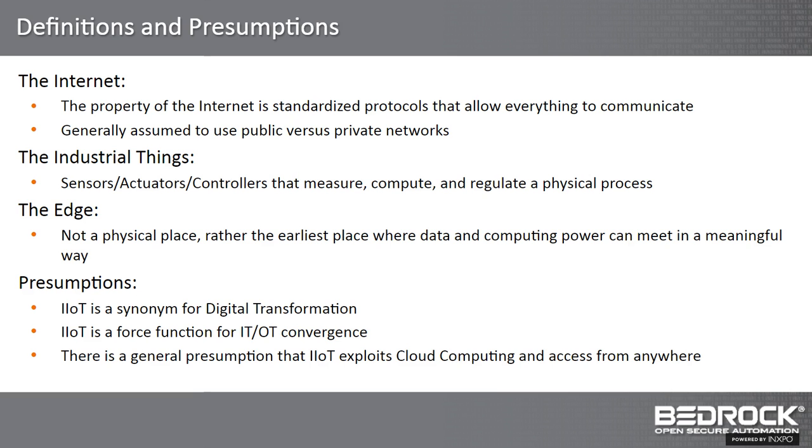And there's a general presumption, and real truth to it, that cloud computing is becoming and will be an integral part of the Internet of Things, and the Internet of Things exploits this broad global cloud architecture that allows access from anywhere to virtually anything.